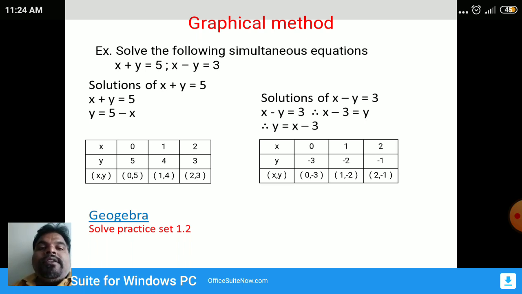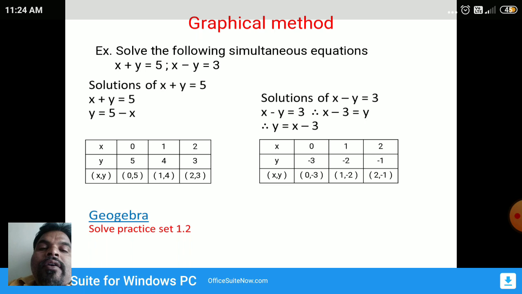The first equation is x plus y is equal to 5. The second equation is x minus y is equal to 3. Now first you find the solutions of the first equation, x plus y is equal to 5. First you write the value of y in terms of x.